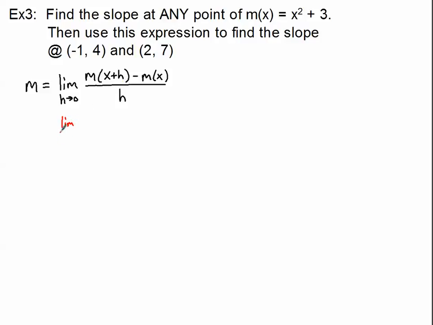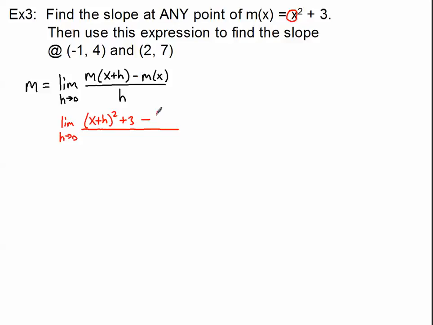Obviously we cannot plug in a 0 for h for a while. M of x plus h, we're plugging in x plus h right in here in place of this x. So we're going to square our input. So square the x plus h and then add 3. So there it is. There's m of x plus h: x plus h squared plus 3.